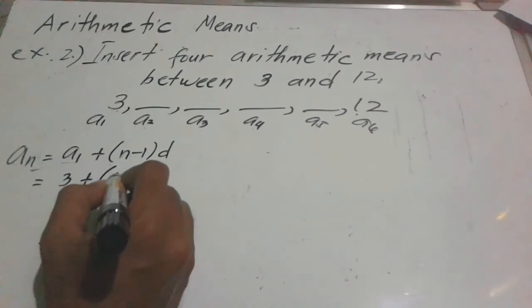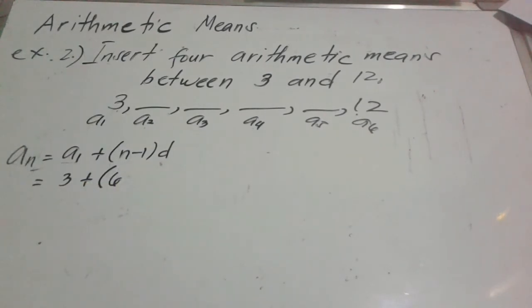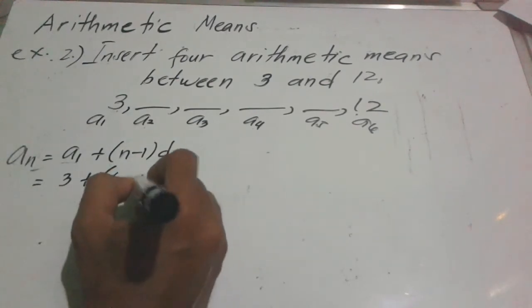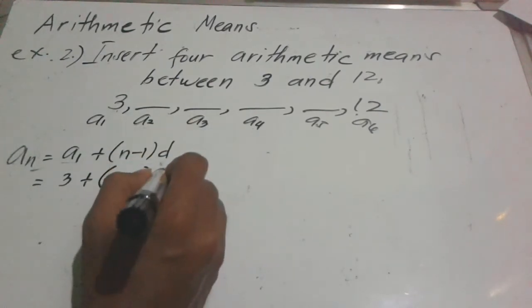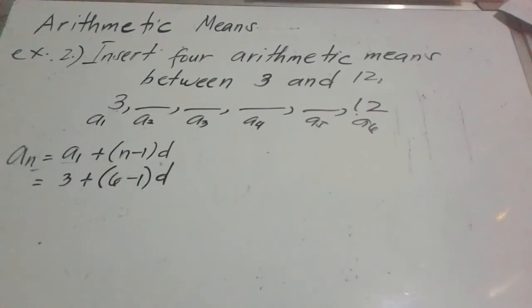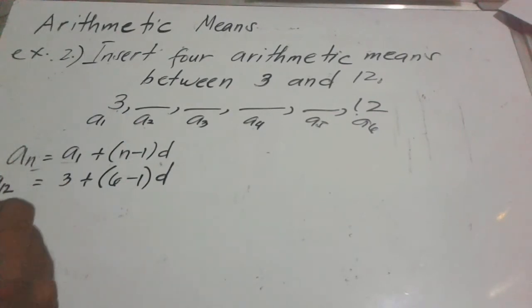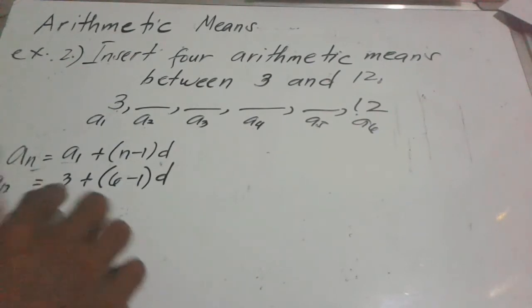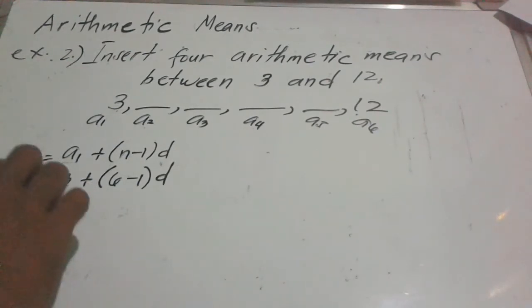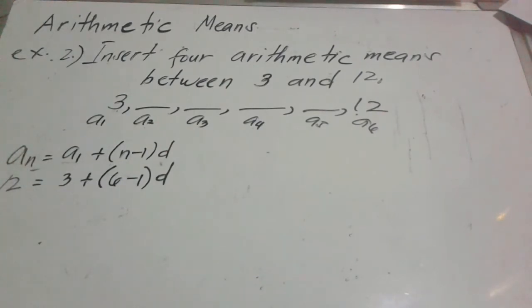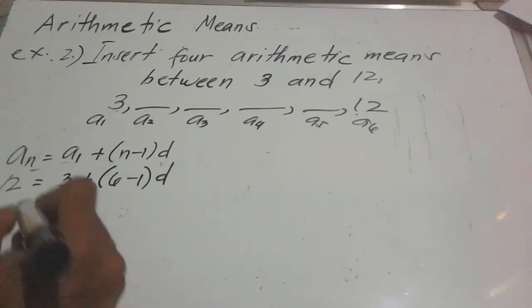So, 6 minus 1, and the common difference is what we are looking for. By the way, the given a sub n is 12, since it is the last term.